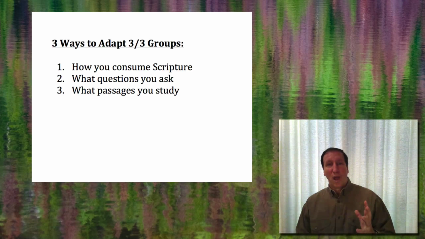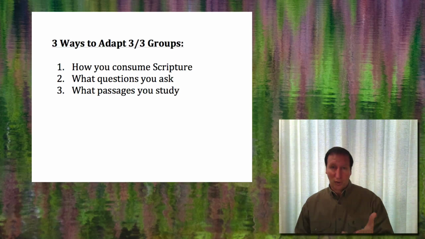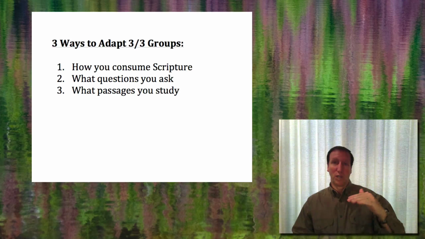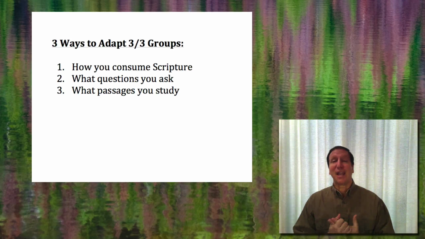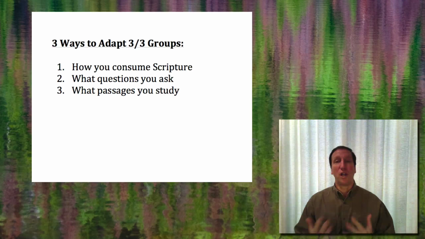So there are multiple ways that you can choose to consume the scripture. In the model we're using, we're reading it twice, once before the first 2 questions and once before this third and fourth questions. The second way to adjust the groups is by changing what questions you ask.